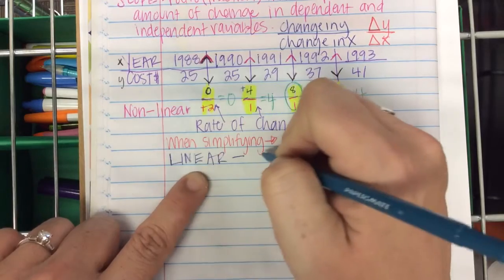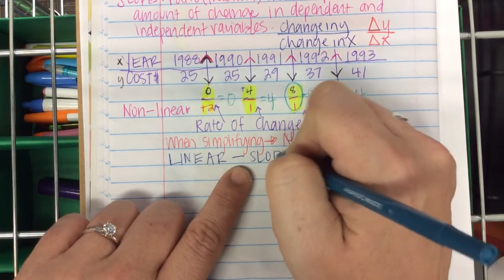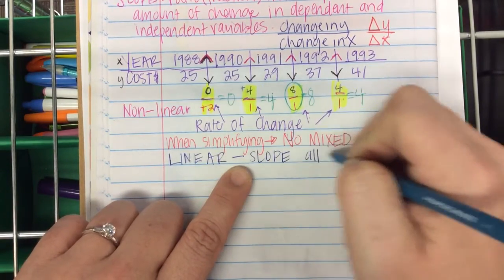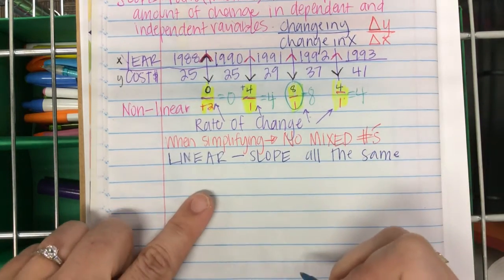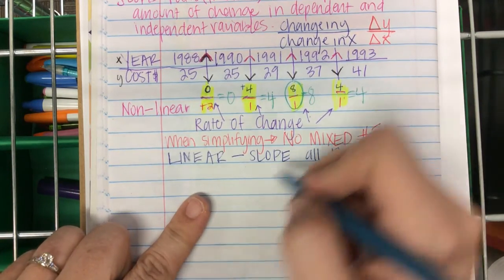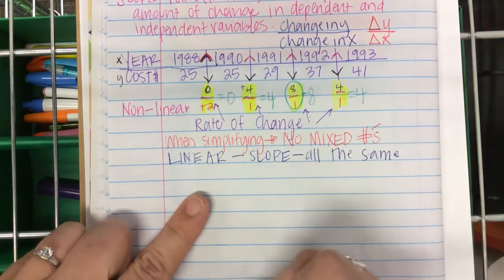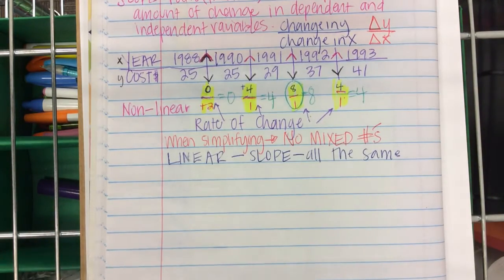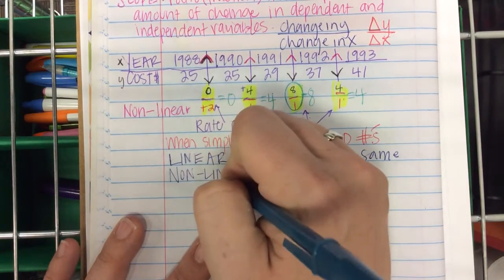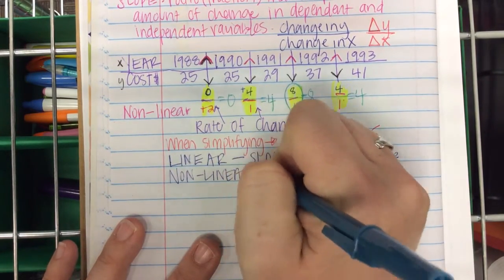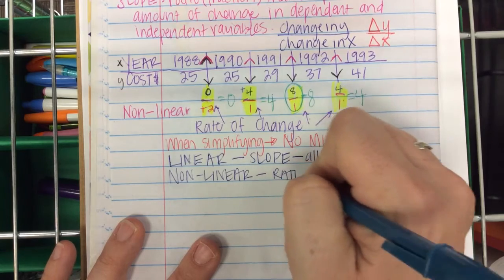Linear is called slope. They're all the same. Nonlinear is rate of change.